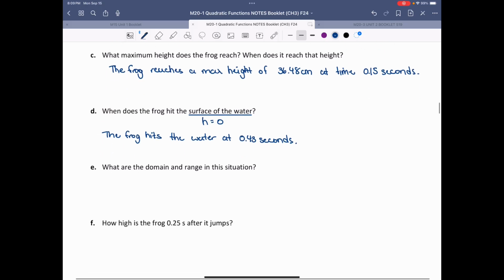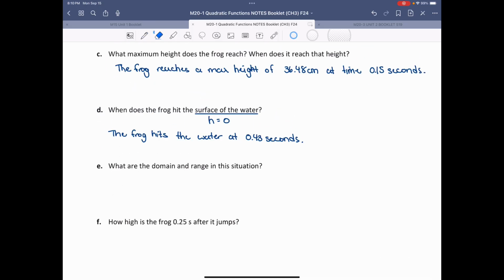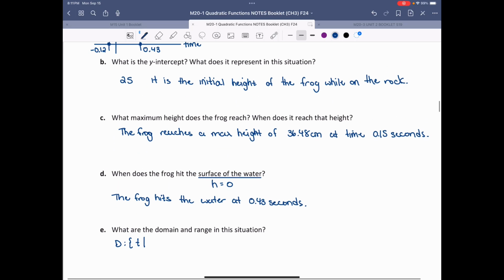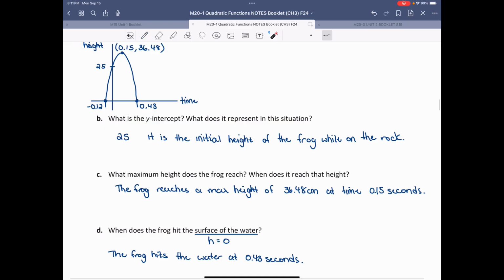Part E, what are the domain and range in this situation? Our domain in this case is about time, t, and t definitely has to be greater than or equal to 0, but also it's going to stop when we get to this x-intercept 0.43, because if we keep going, the graph goes below into negative heights, and that's not going to be possible.